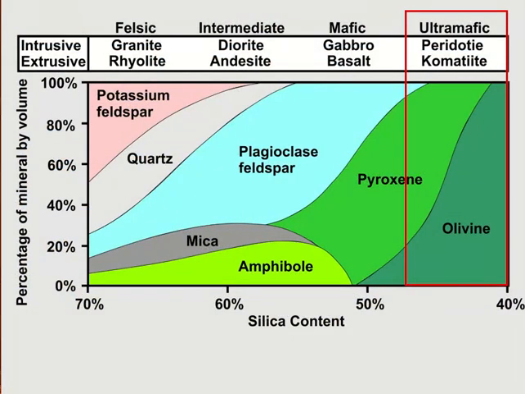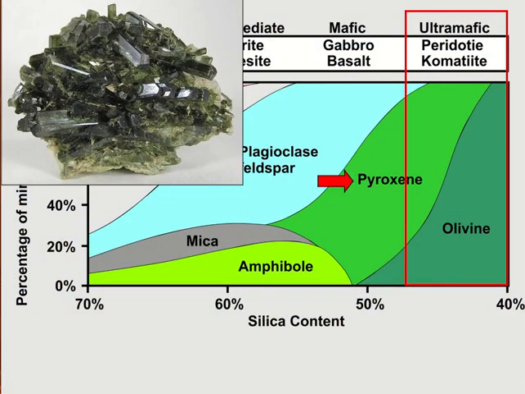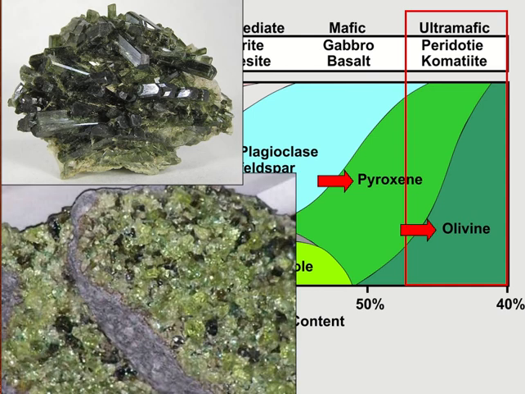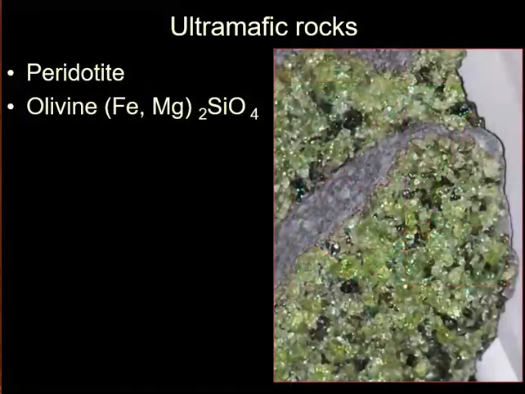So then we have the ultramafic rocks with a lot of pyroxenes and an awful lot of olivine. So olivine is the ferromagnesian silicate par excellence.